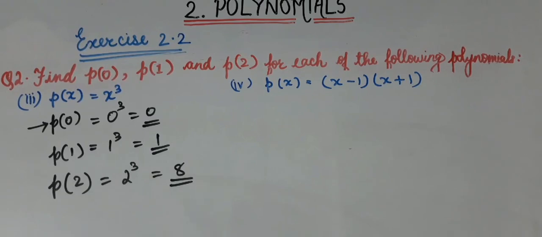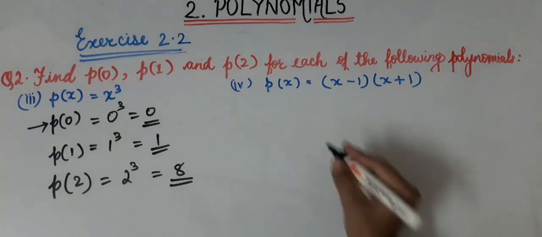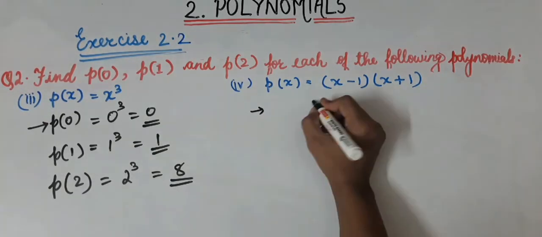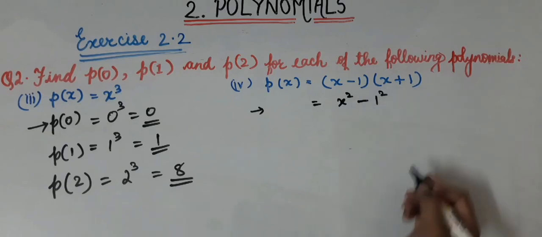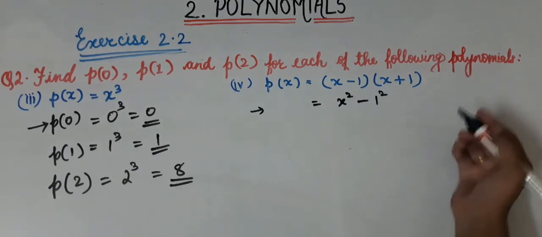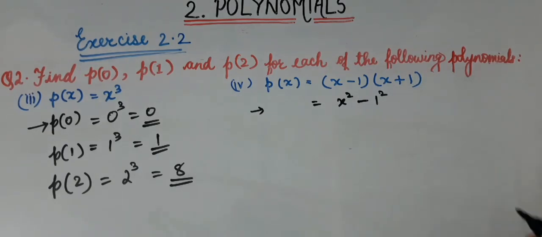If you notice, it is an algebraic identity. It is a formula. X plus 1, x minus 1 is a formula for x square minus 1 square. Right? It is a formula for a square minus b square. A square minus b square is what? A plus b, a minus b.